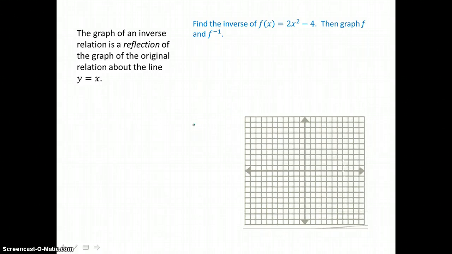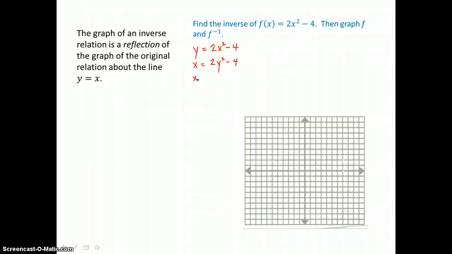In this problem, we want to find the inverse of f of x equals 2x squared minus 4, then graph f and its inverse in the same coordinate plane. So to find the inverse, again, this is an equation in x and y. So I'll start by switching x and y and then solve for y.